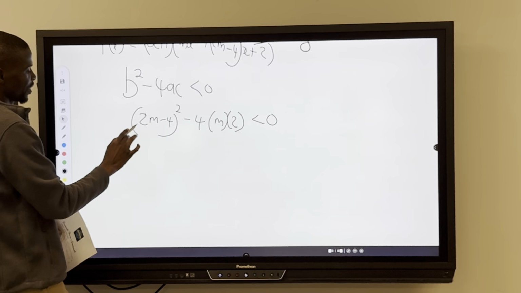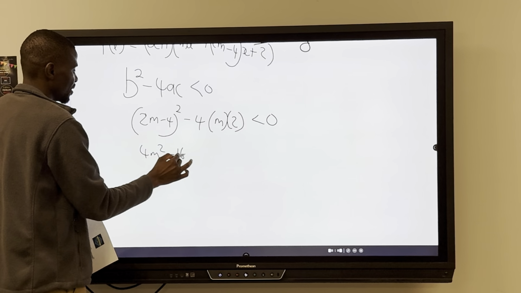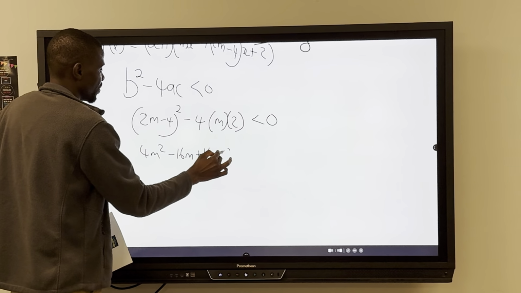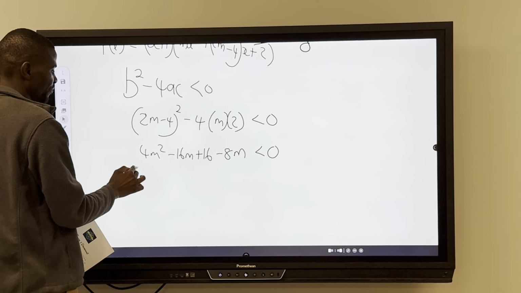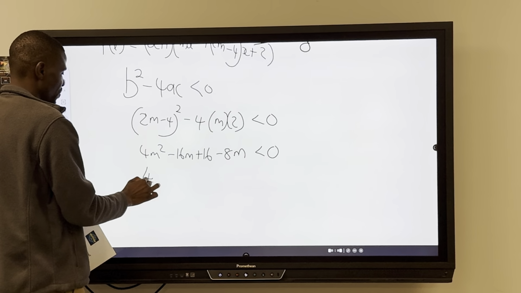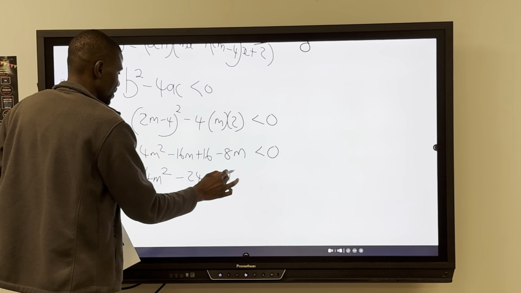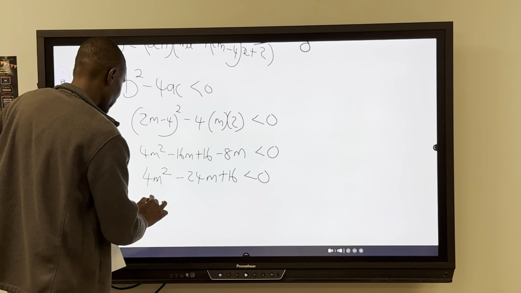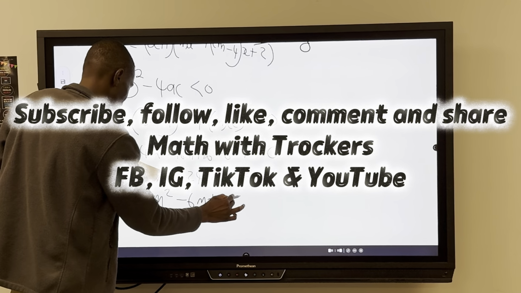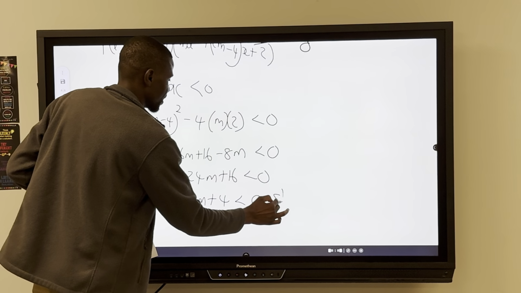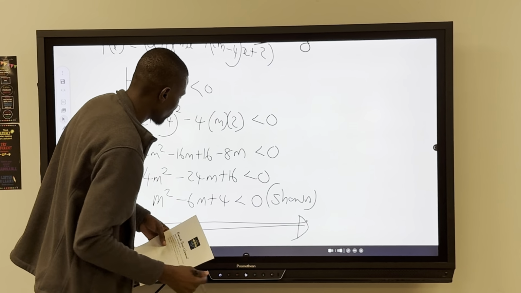So now if we expand here, it's going to be 4m squared minus 16m plus 16 minus 8m is less than 0. Then that will be 4m squared minus 24m plus 16 less than 0. If we divide by 4, it's m squared minus 6m plus 4 less than 0, which is exactly what we are supposed to show. And that's all about this question.